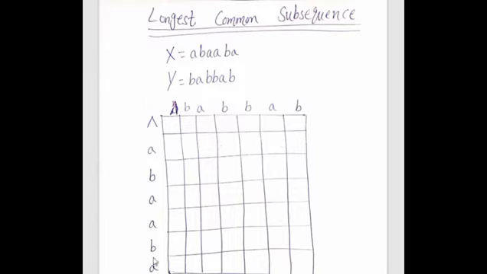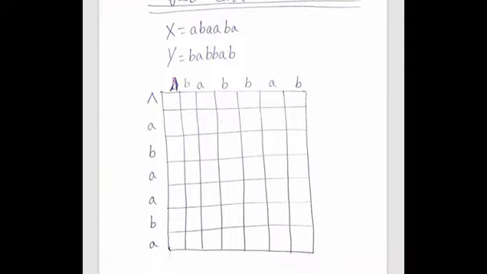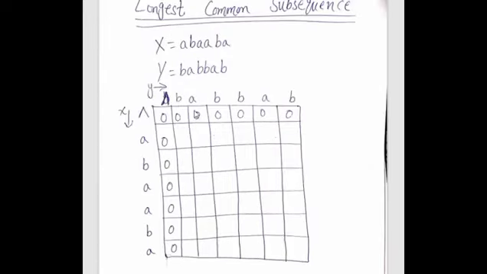So here, what does this lambda mean? This lambda is a null string. Why are we taking this null string? Because we are taking our first row and column as 0. Here you can see that we have taken our first row and column as 0.